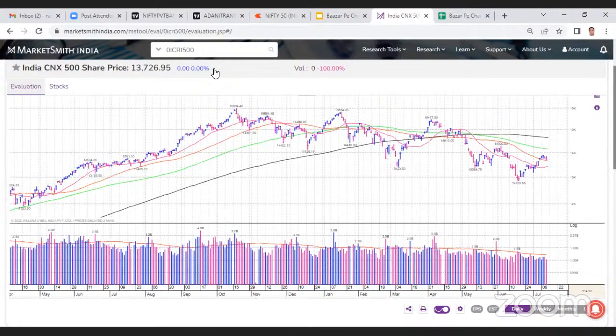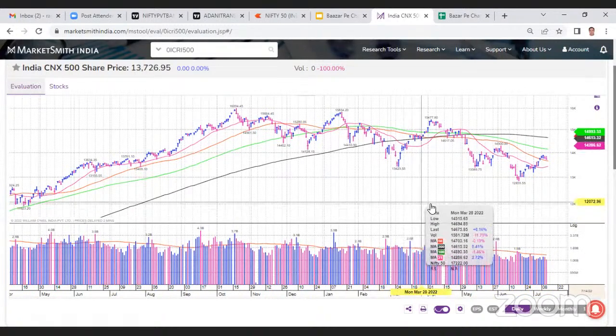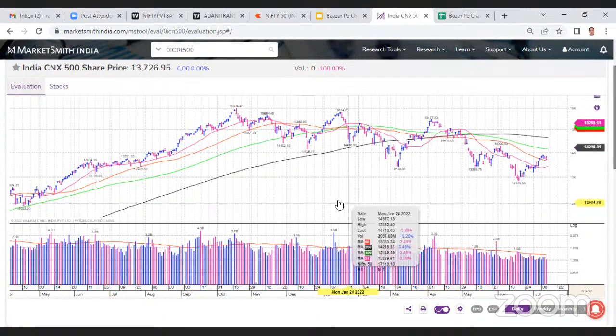So see, this particular broader index, that is NSE 500, topped out in October.